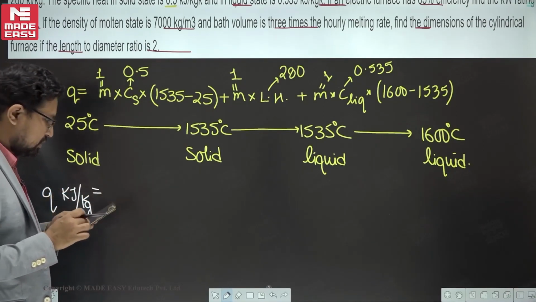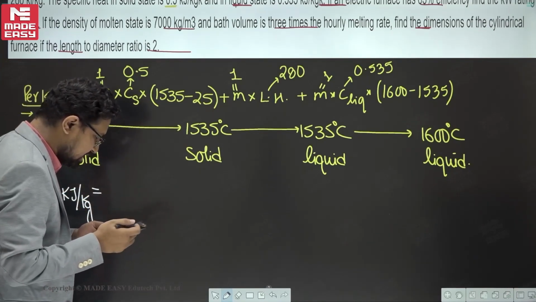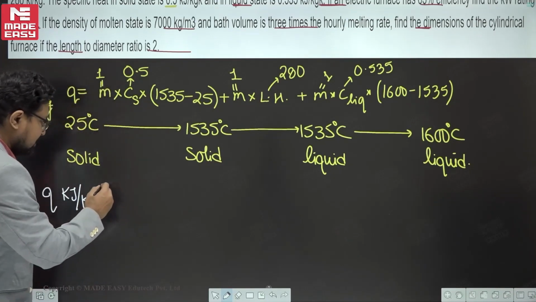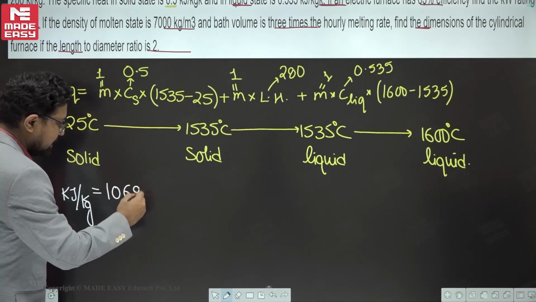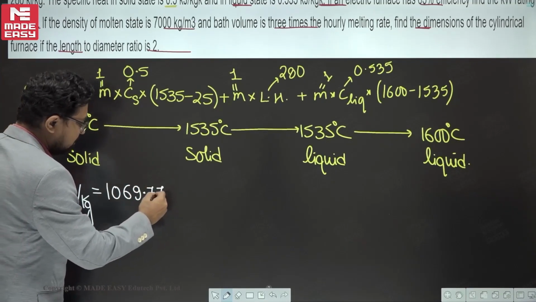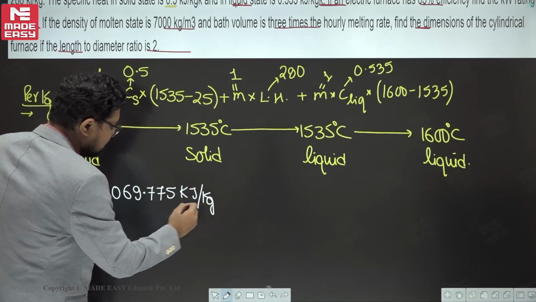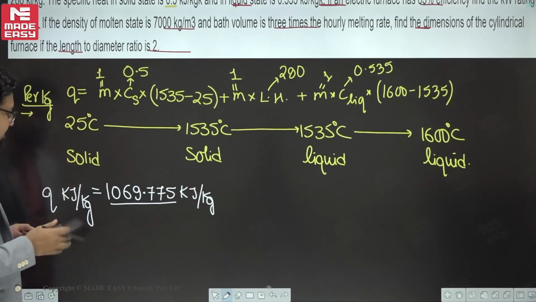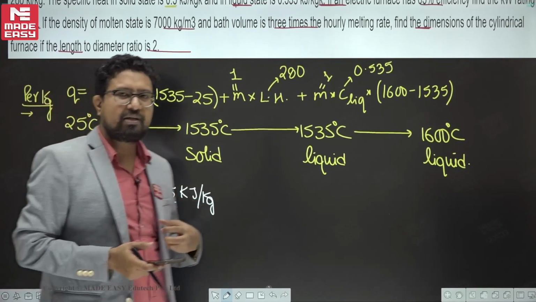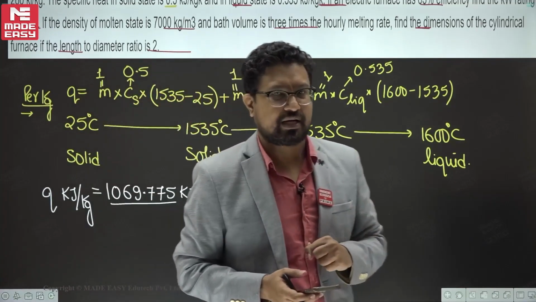So we have 1069.775 kilojoule per kg. This is the heat which is required to melt per kilogram of iron.